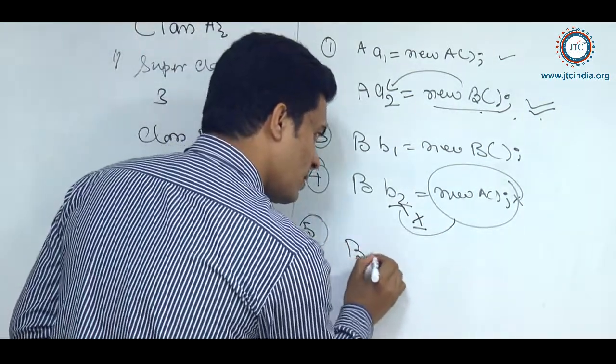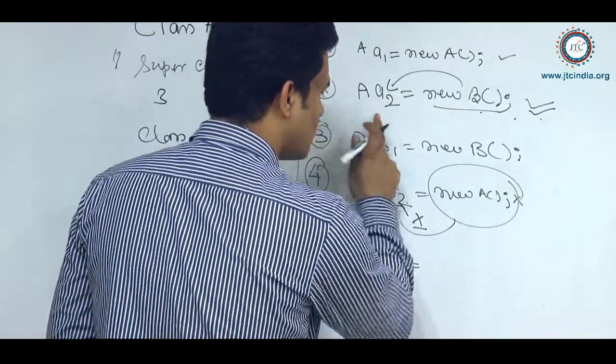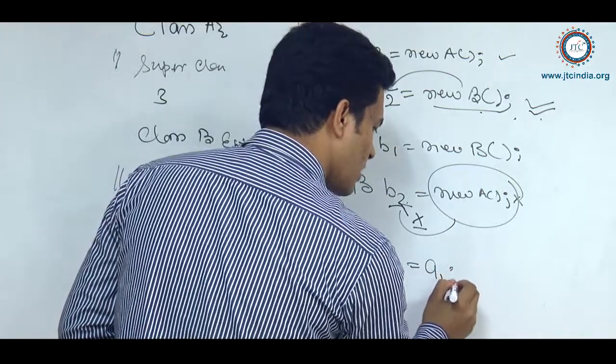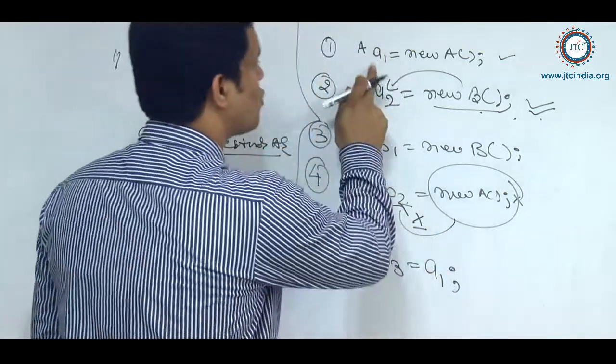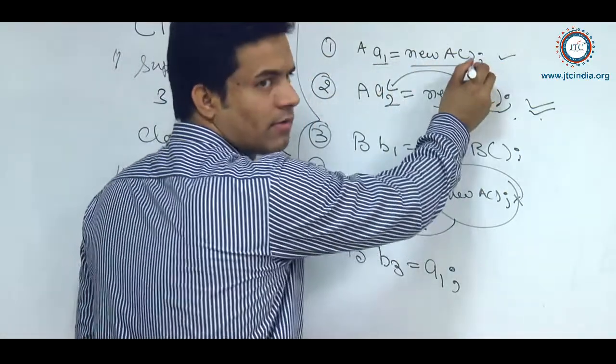Now, some more things I will write and explain. Suppose I write B b3 = a1. a1 is a superclass reference variable which contains a superclass object reference itself.